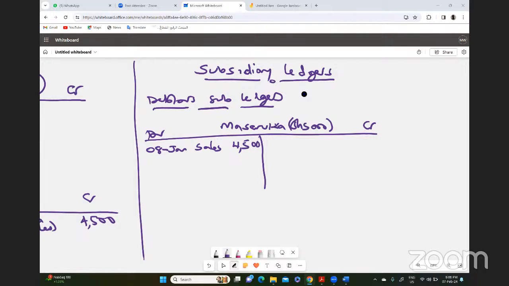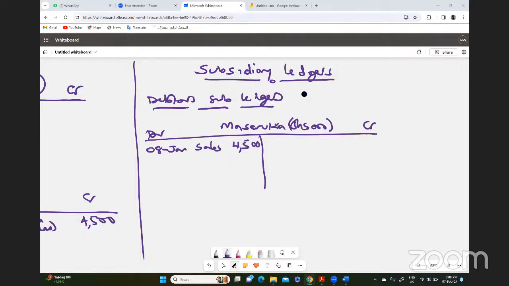Yet a general ledger, if it is a receivables ledger, if we sell on credit to Maseruka, we shall debit the trade receivables ledger. If we sell on credit to Tom, we shall debit the trade receivables ledger. Yet Maseruka will have his ledger, and Tom will have his ledger.